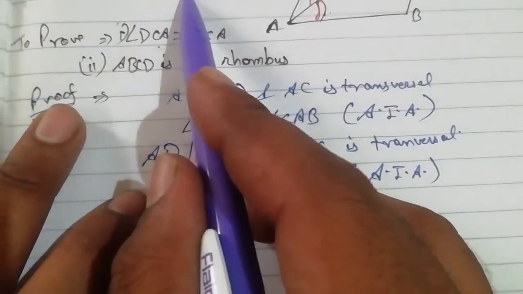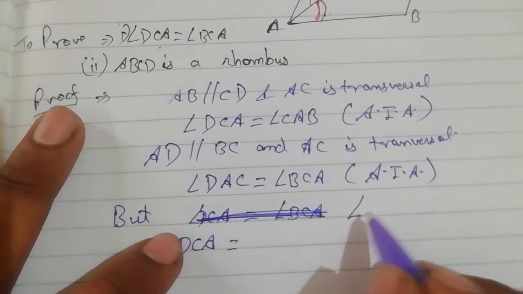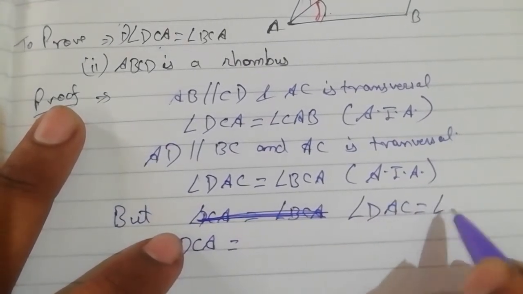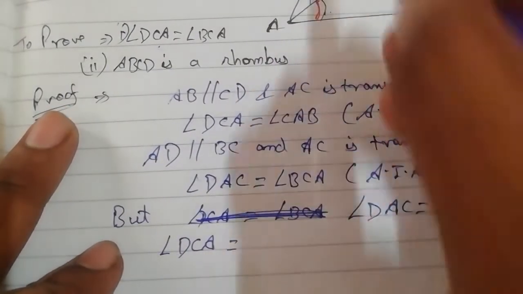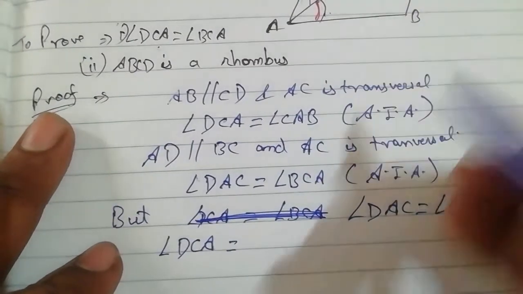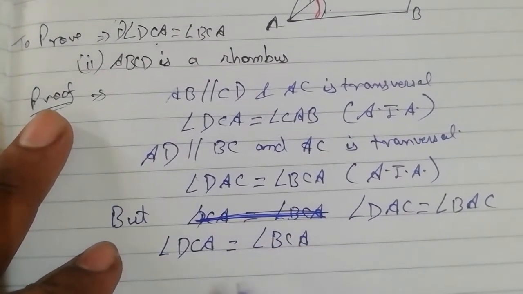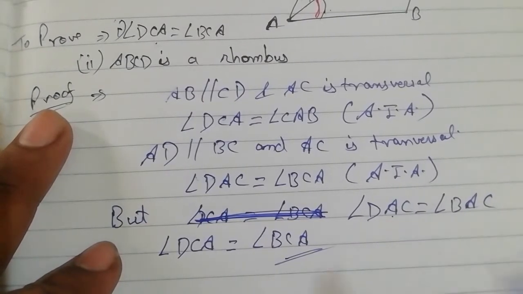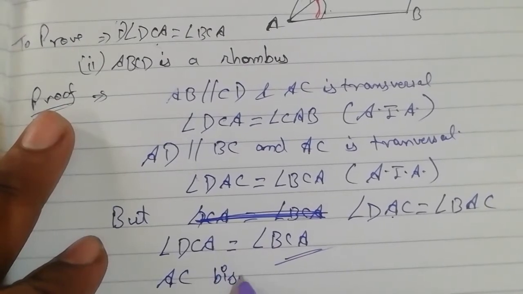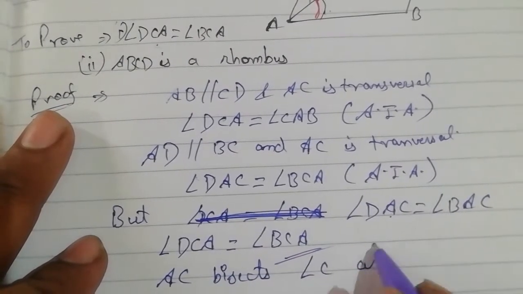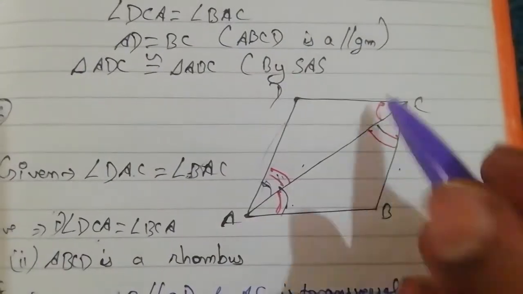It is given that angle DAC is equal to angle BAC. So by this conclusion we have that angle DCA is equal to angle BCA. So from here we can say that AC bisects angle C also.